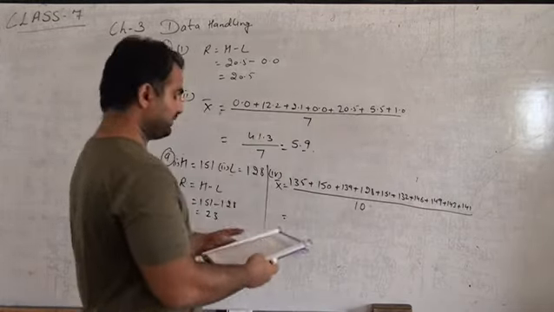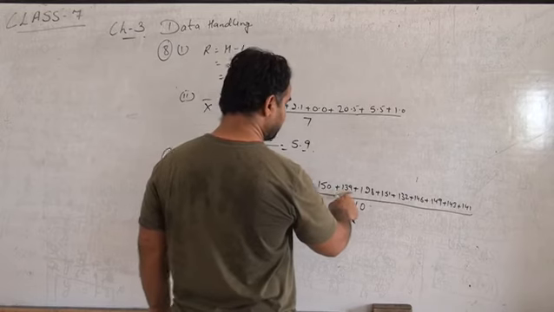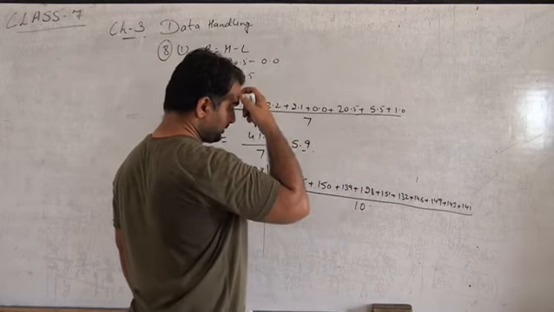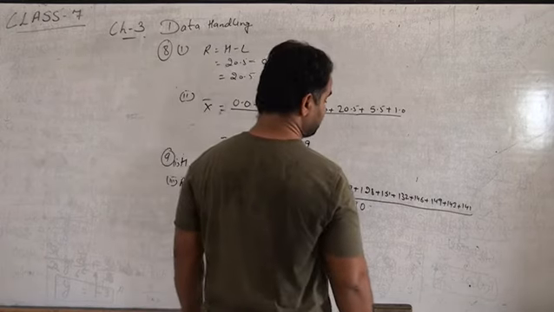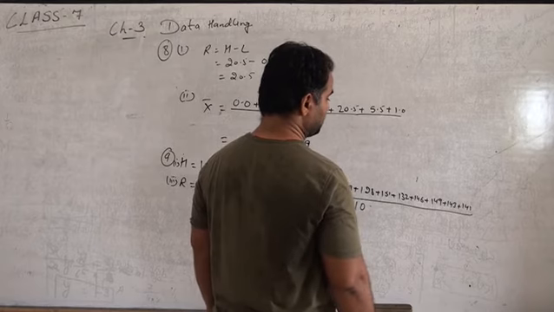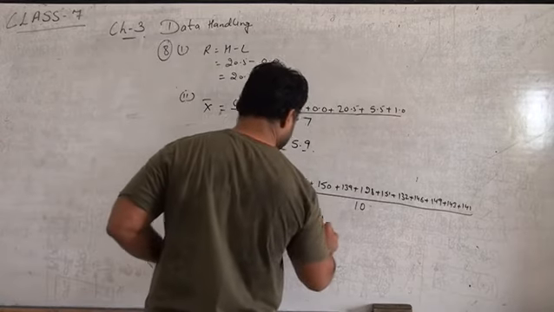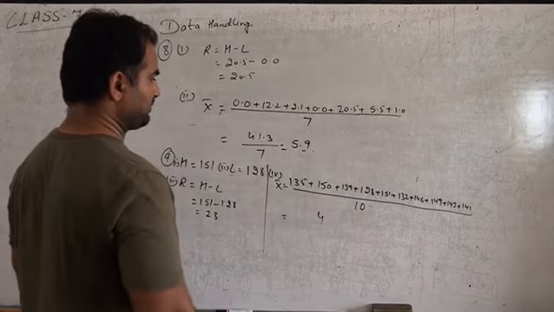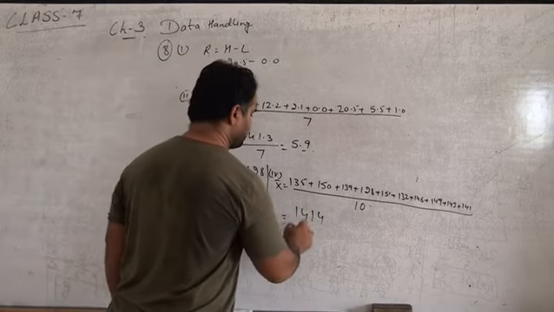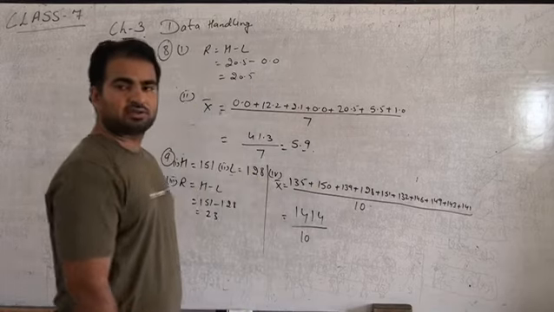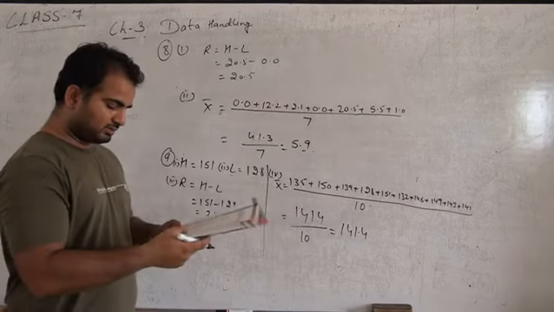Now we have to find the total. So the total will be 1414, upon 10. So it will be 141.4. It is the mean.